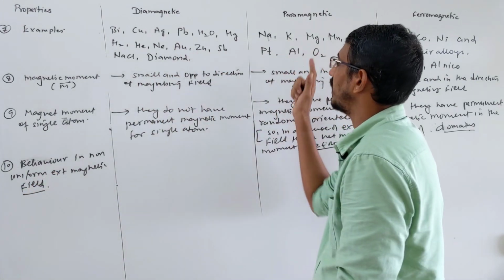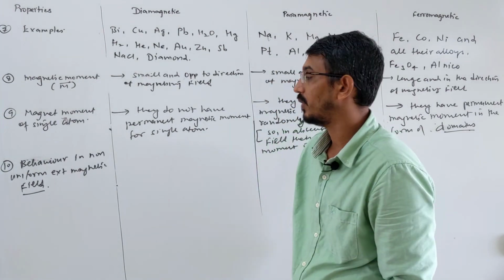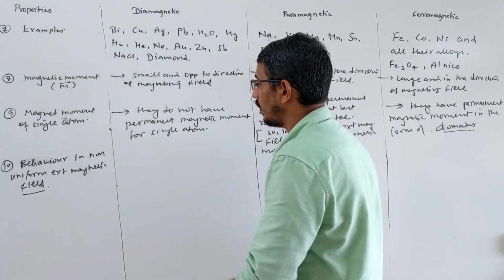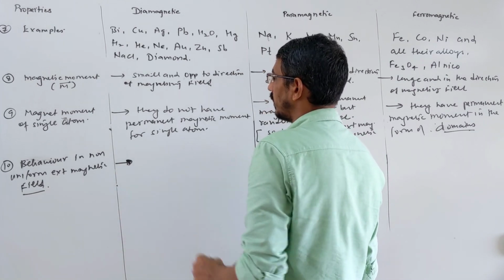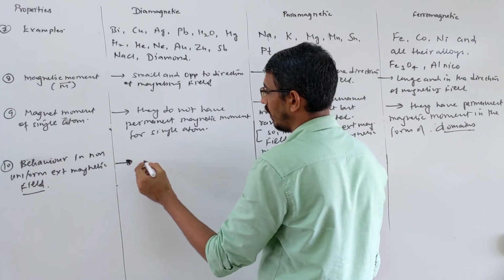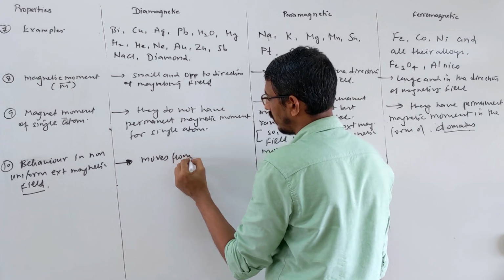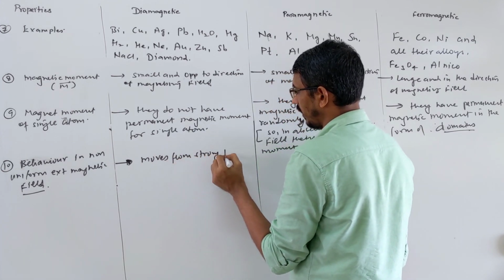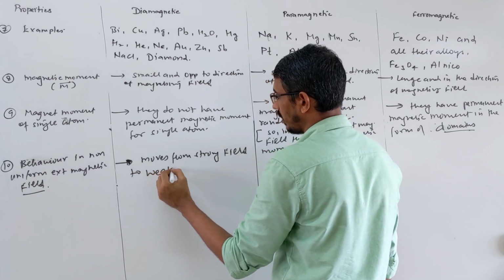You have placed these three materials inside a non-uniform magnetic field, not uniform, then how will they behave? So what do these guys do? These guys move from strong field to weak field, or they move from strong field to weaker field.